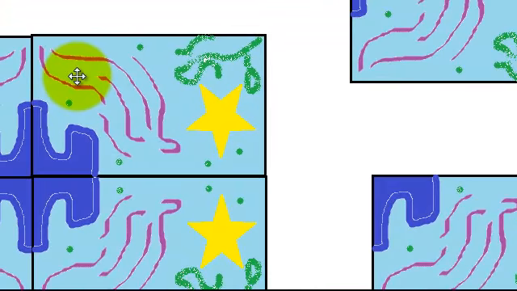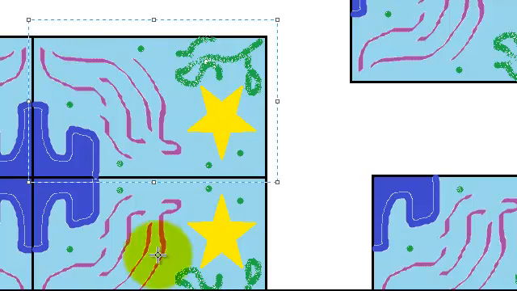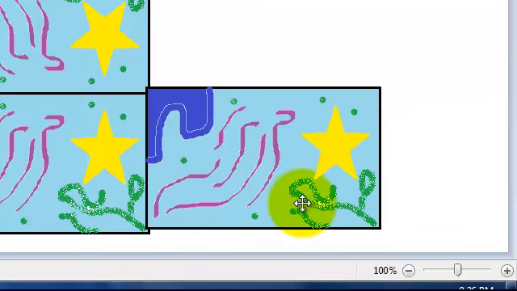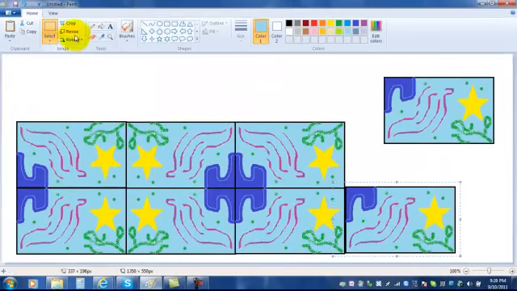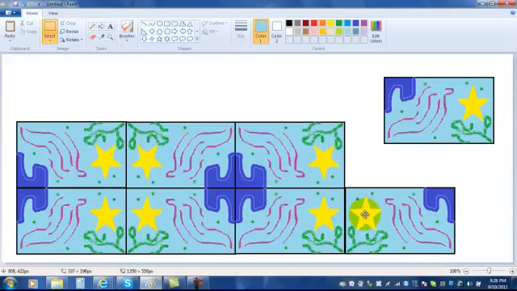Might need to drag it in just a little bit more. Alright, now I've got one more here. I'm going to flip this one horizontal. Drag it in. Get the edges lined up.